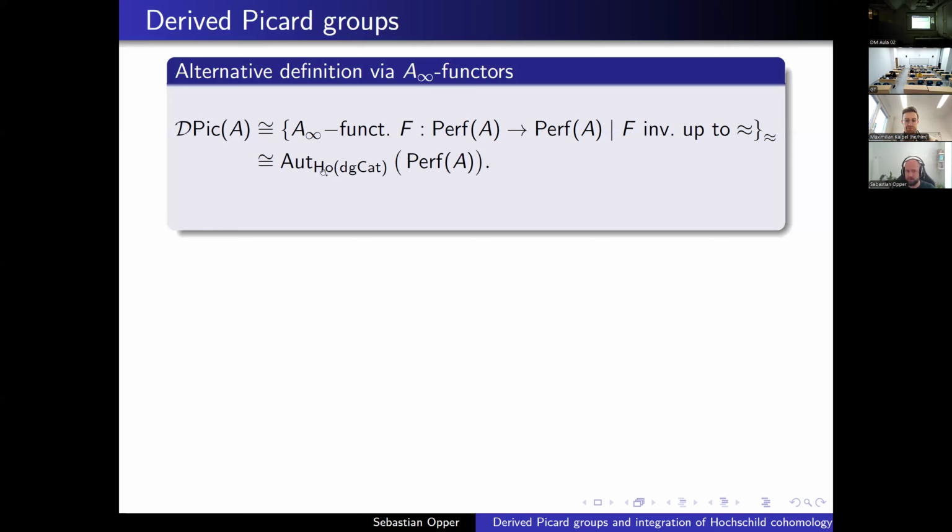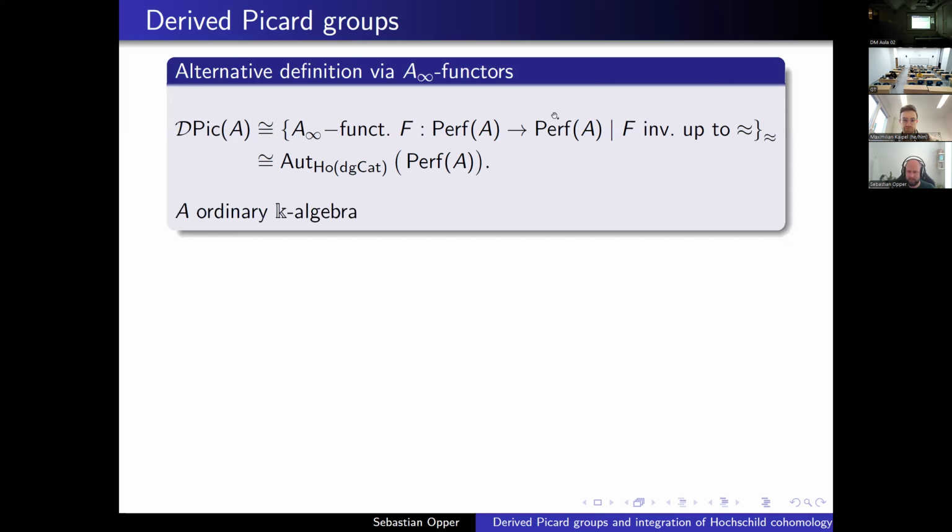This is nice for conceptual things. The other one is the best for us, and an easier definition, although not as general as this one. So we mostly think of the alternative definition via A infinity functors.